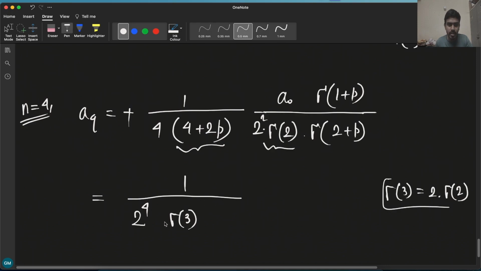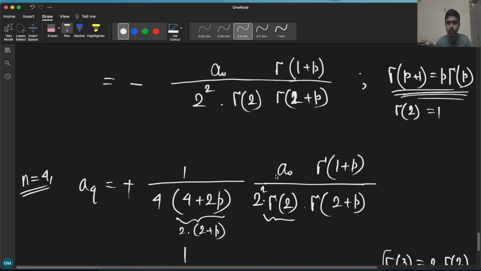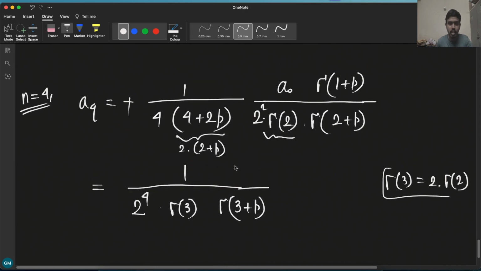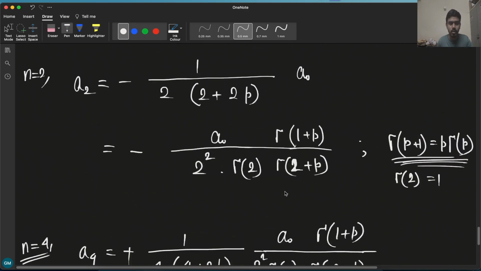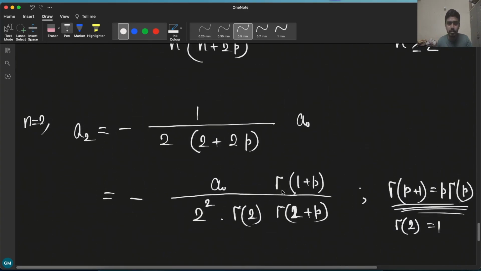So it is gamma 3 times gamma of 2 plus p times 2 plus p, which will be gamma of 3 plus p, following this relation. And in the numerator there will be a0 and gamma of 1 plus p. So now you can see it is following a pattern.